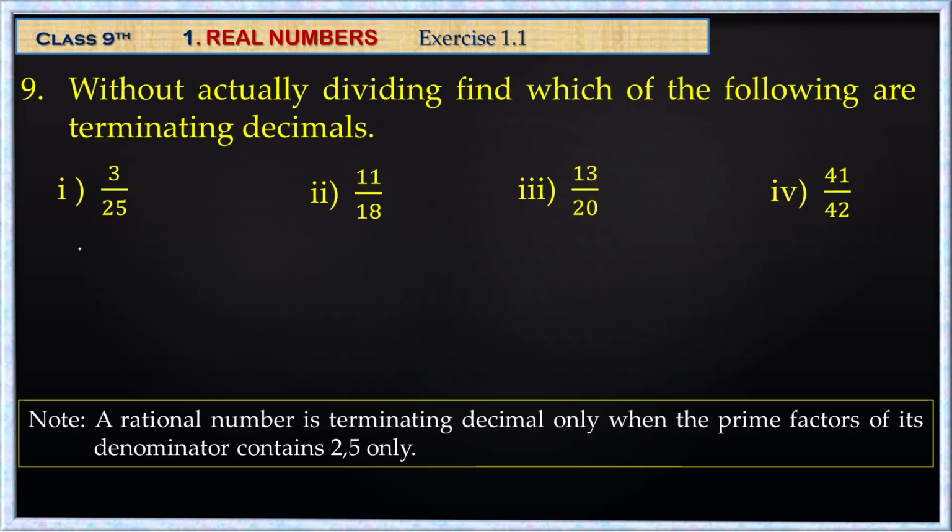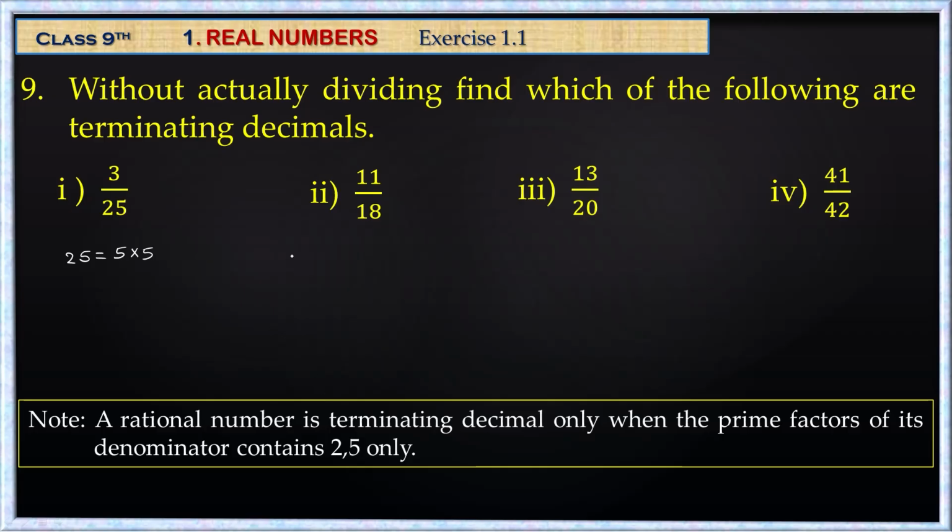Here the denominator is 25. 25 can be written as 5 5s are 25. So the denominator's prime factors are containing only 5. So by this clue we can say that it is containing only 5. The clue says that the denominator should contain the prime factors only 2, 5.